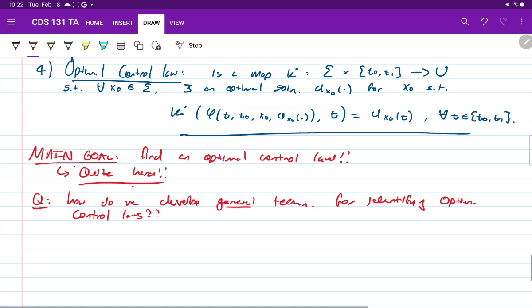Right? For problems of this nature, it's really nice to have general theorems that we can rely on to make some progress on these problems. But the issue is that the current class of problem, these finite horizon optimal control problems which we've considered, are extremely general. The cost can blow up to infinity because I can specify any sort of constraint that I want. My cost function is arbitrary.